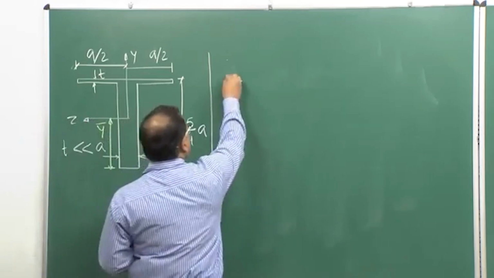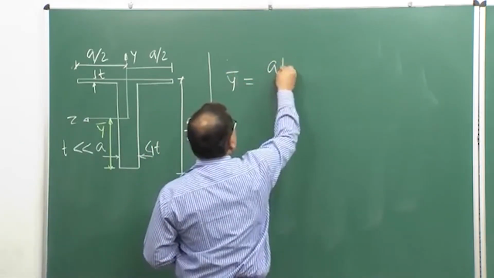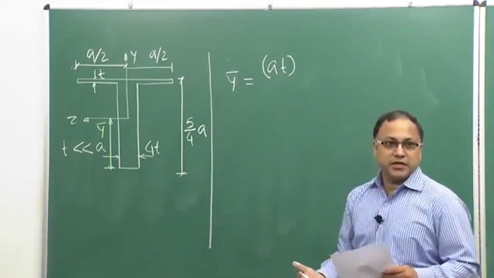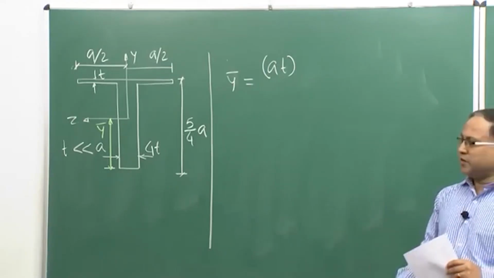So, this y bar can be obtained as, I am anticipating that you know how to calculate the CG of a particular cross section.